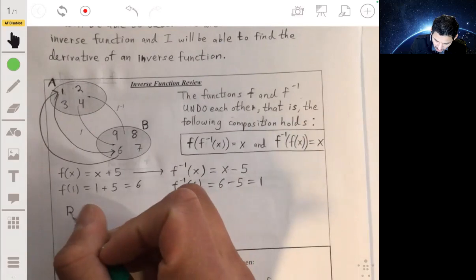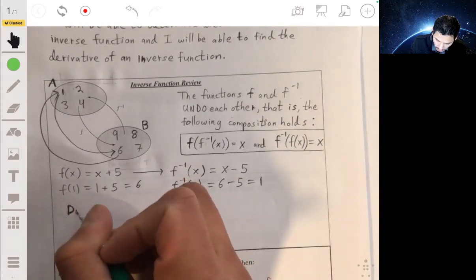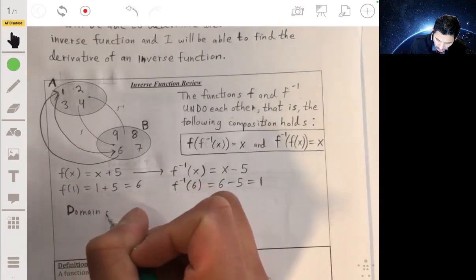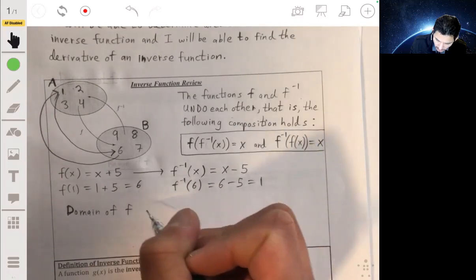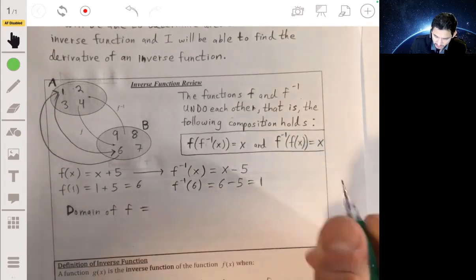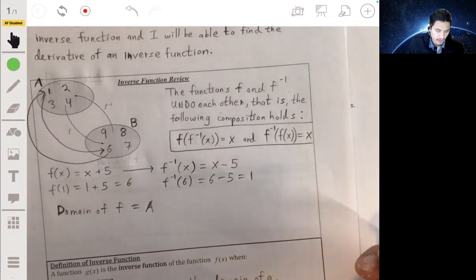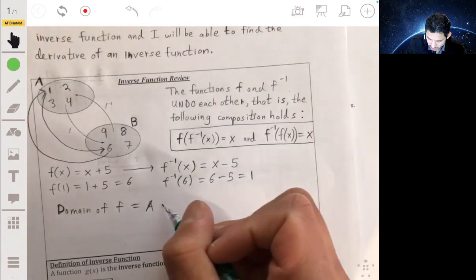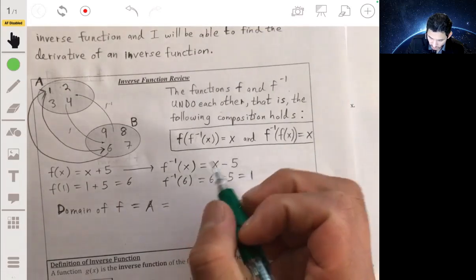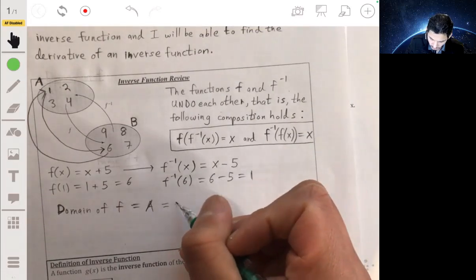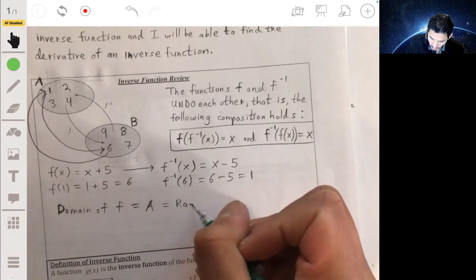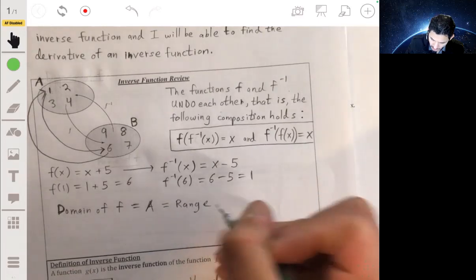So the domain of F is equal to, in this case, A, but that's also going to be equal to the range of F inverse.